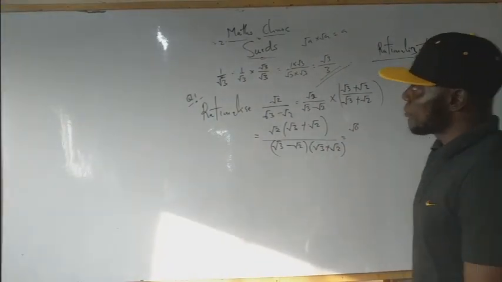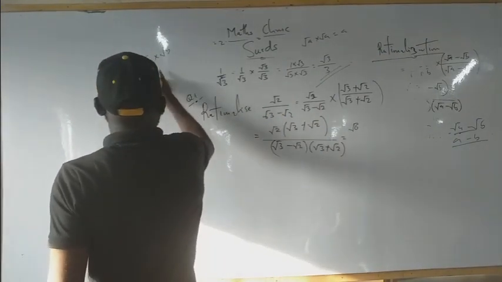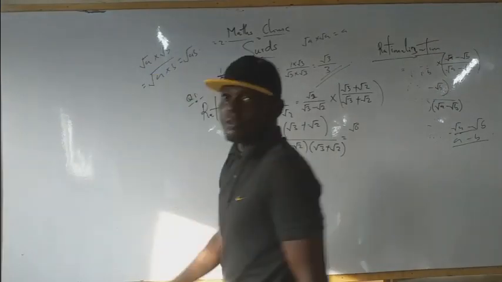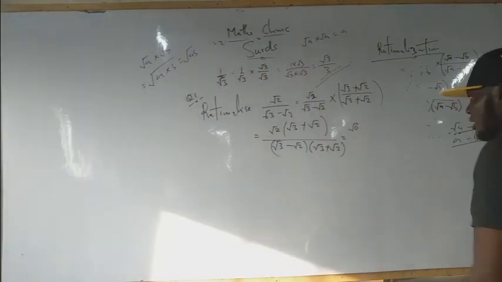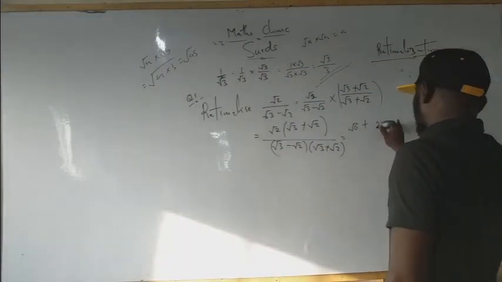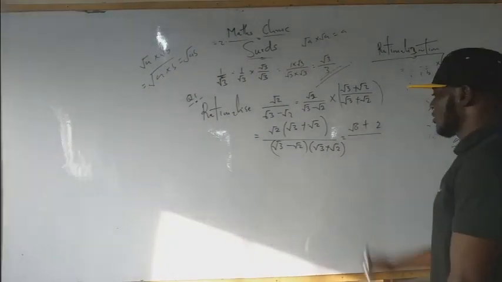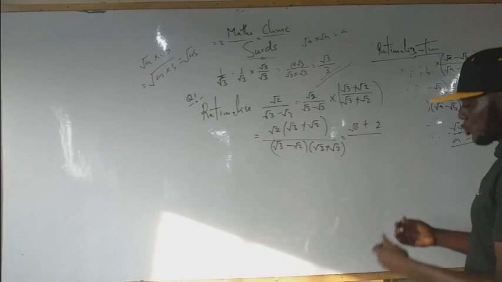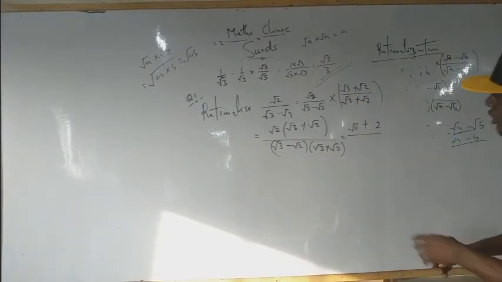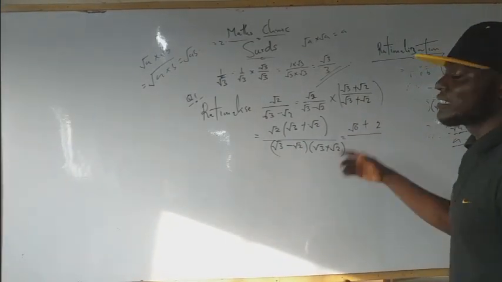You remember, if you have root a times root b, that will be root ab. Yes. That's root 6 plus root 2 times root 2, that's 2. Upon the difference of two squares. Consider what you have in the two brackets. They are the same, the only difference is the signs. So that's the difference of two squares.